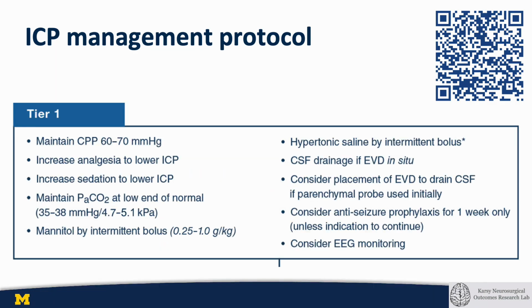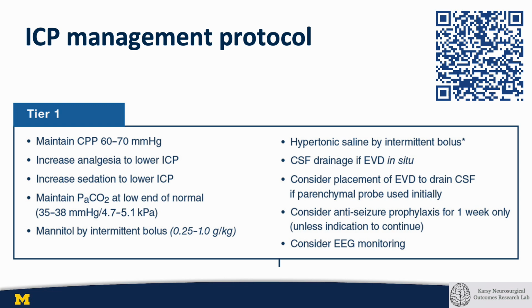The next tier in management, if someone has an intracranial pressure greater than 22 centimeters of water for greater than 10 minutes, is tier 1. This involves maintaining cerebral blood pressure and normal hemodynamics, but starting to consider hypertonic saline boluses, 100 to 250 milliliters at a time, watching for response and sodium levels.